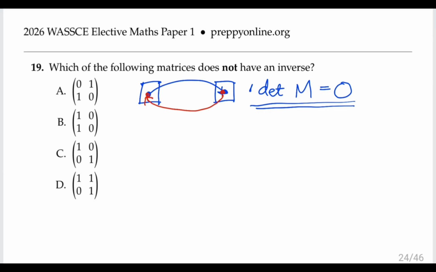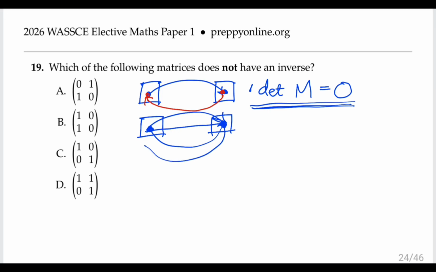And the reason for that is that if the determinant is 0, then that matrix is taking some values from, if you like, the domain to the codomain, is taking multiple values from here to the same value here. And so once you get here, you don't know how to get back. That's really what's going on with this condition.